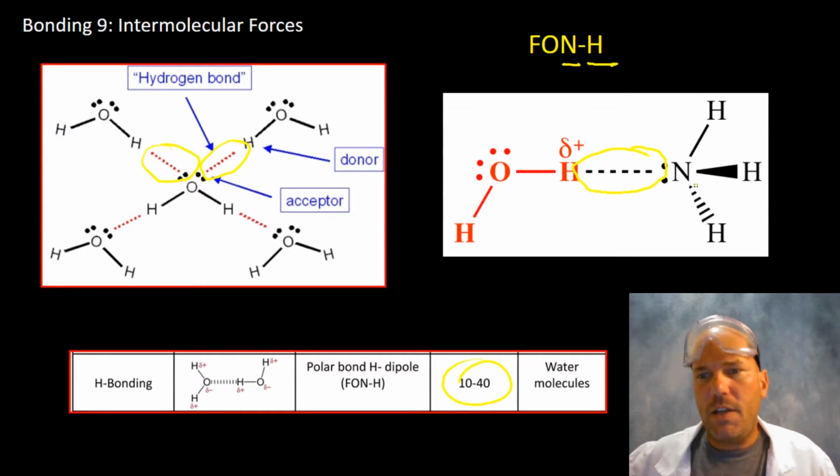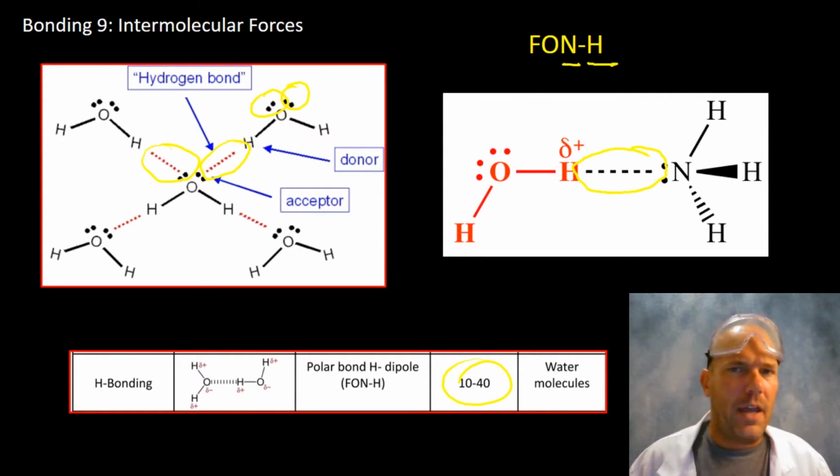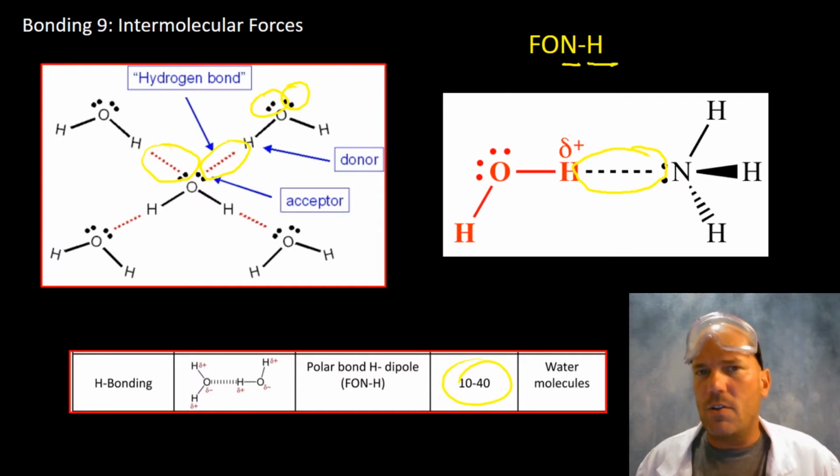Okay, now this nitrogen with its one lone pair is only capable of forming one hydrogen bond, whereas among water we could form two because of the two lone pairs. However, this would be referred to as a hydrogen bond, and notice that it is between the water and the ammonia.